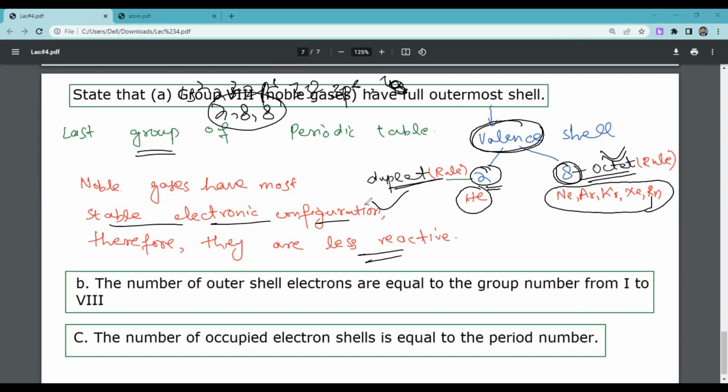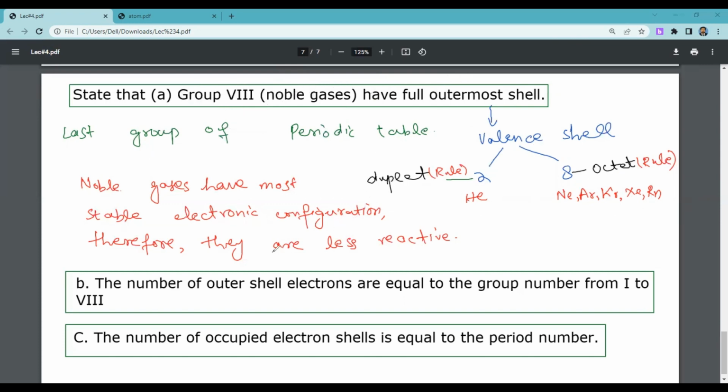Here you also have to memorize that the valence shell of noble gases is complete. The second term is that the number of outer shell electrons is equal to the group number from 1 to 8. Now have a look at the periodic table. You can see that these vertical columns I described are called groups.